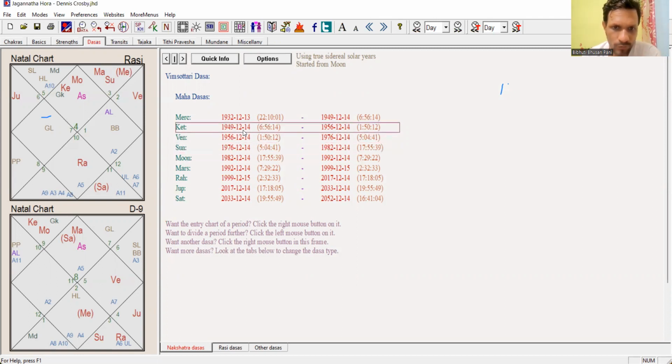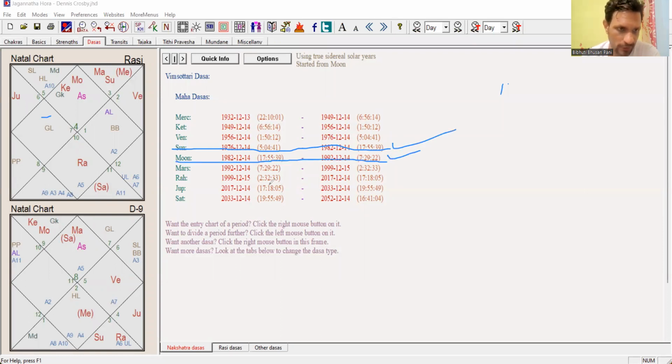Ketu dasa is also not as good, but Venus dasa will be very good. Sun dasa: the Sun is the Atmakaraka planet, so Sun dasa may be a tough period for the native. And Moon dasa is a really challenging period for the native, because Moon is along the Rahu Ketu axis.